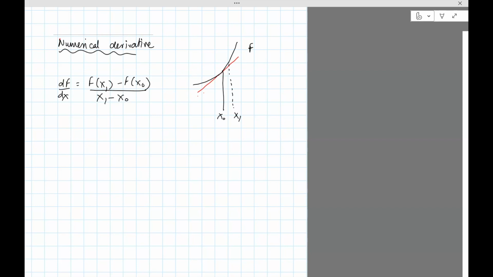So this is basically using a point in the small neighborhood of x. x1 is close to x0, and then using the definition. It's the slope. Slope is given by f of x1 minus f of x0 over x1 minus x0. So typically you would take x1 to be x0 plus 1e-4.